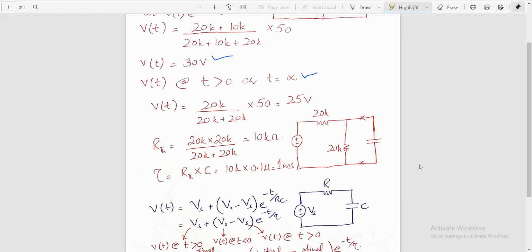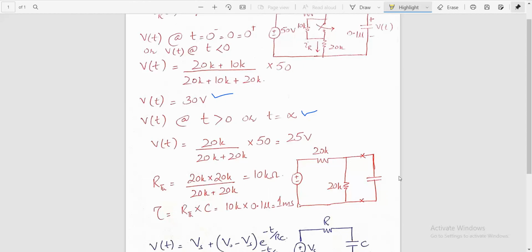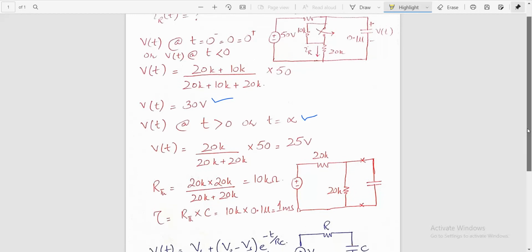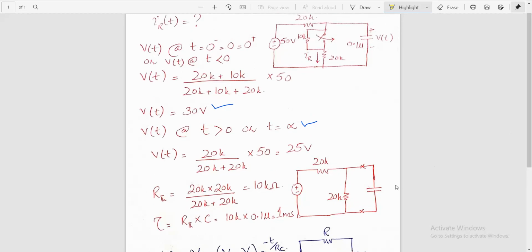So up till now, whatever is written in red color is very simple, since everything has been performed in previous examples. I'm going to derive an expression for you. Recall the very first circuit in which we had a resistance and a capacitance connected to a source through a switch.